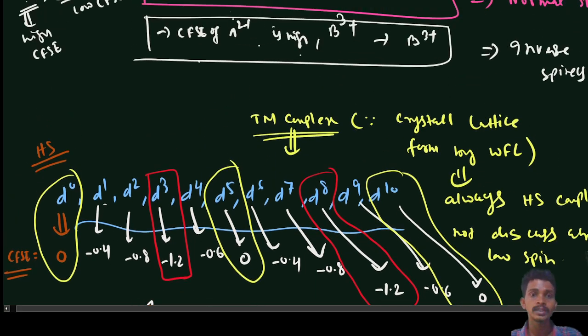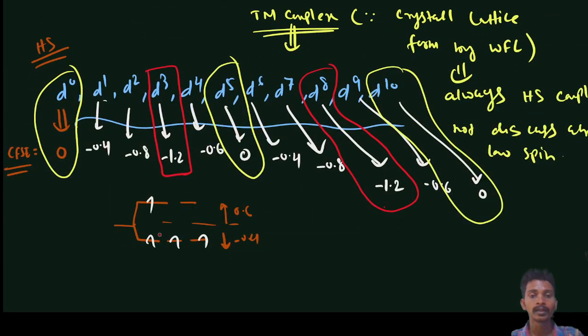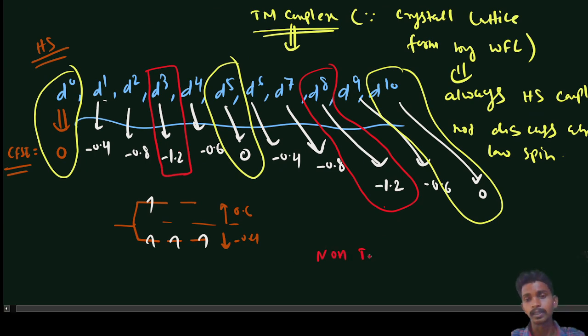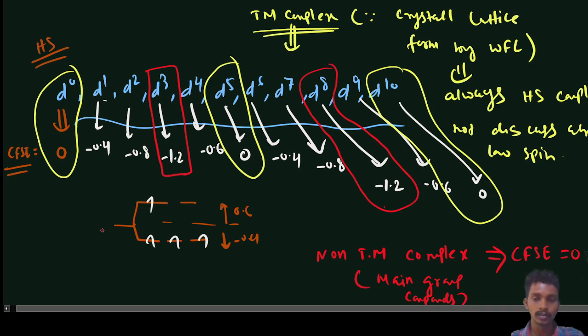So from here we notice what we said. Another point: for non-transition metal complexes, the CFSE is 0. If it is a non-transition metal, like any main group element or any main group compound, the CFSE is 0.